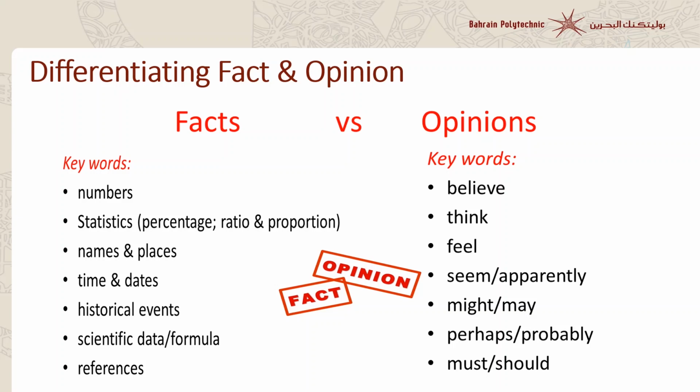On the other hand, the common word indicators for opinions are believe, think, feel, seem, apparently, might, may, perhaps, probably, must, should are the most commonly used words to express opinions.